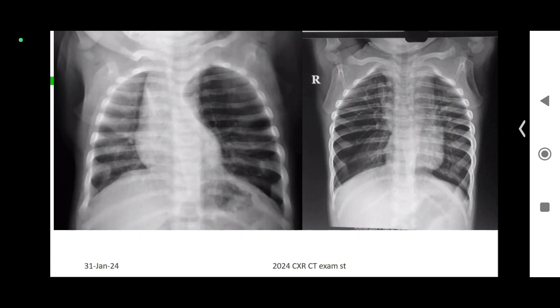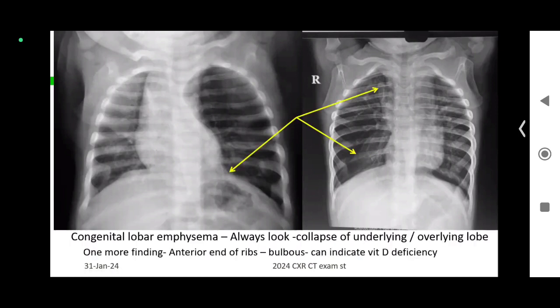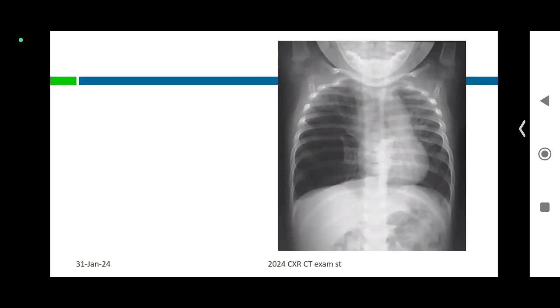So what will be the treatment, and what will be the long-term prognosis? Once you remove the affected part, the child's prognosis is going to be good lifelong. They will have a near-normal life expectancy like any other kid of that age. Okay, anyone want to try this X-ray?